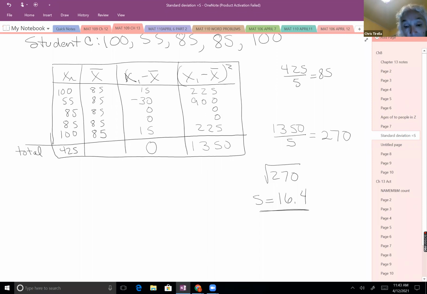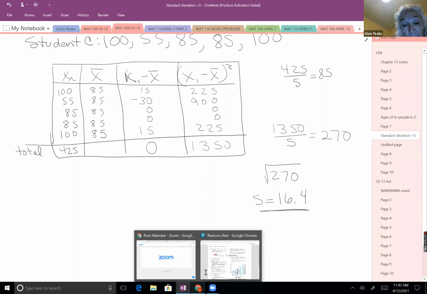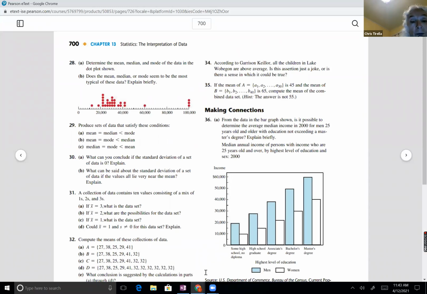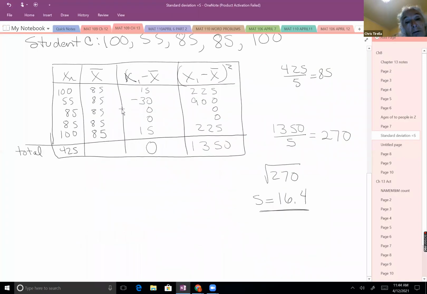Yes. Then I'm going to go back to that homework question that says, what would it mean if my standard deviation was 0? Let's go back and look at how we found that standard deviation. We subtracted the mean, squared them to make it positive, added them up, divided, took the square root.